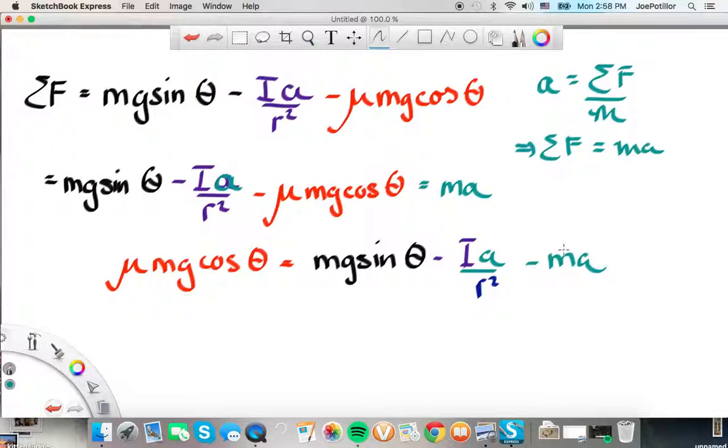In this situation, the masses are all the same, but you cannot cancel them, of course, because this I is in the way right here.